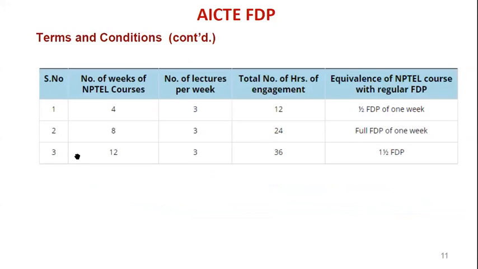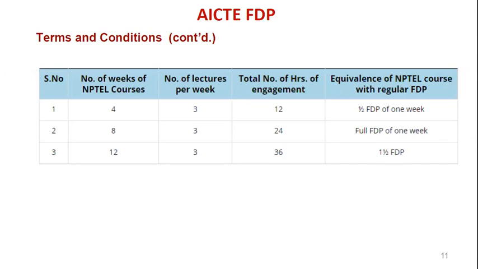Here you can see there are various durations of FDP certificates. Everyone is aware FDP means 1 week, 2 weeks, half week like that. In API, they will consider a minimum 1 week FDP. In NBA they will consider a minimum of 2 to 3 days.